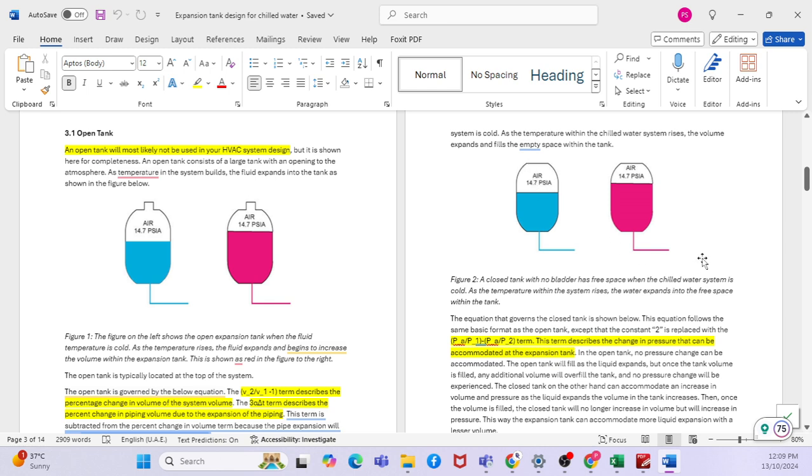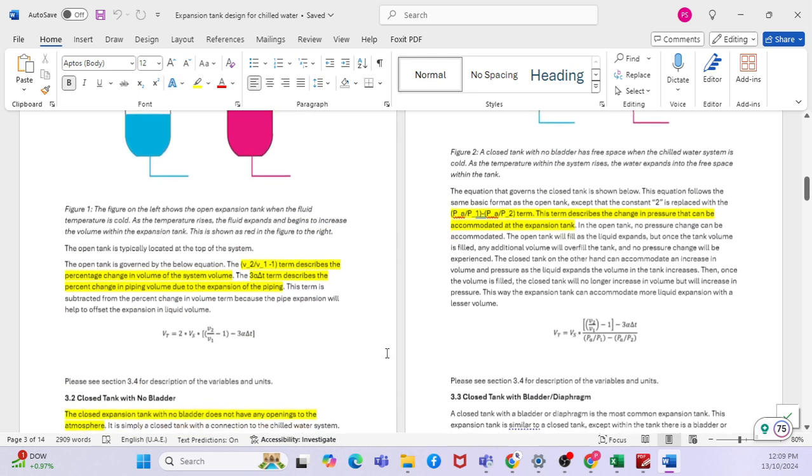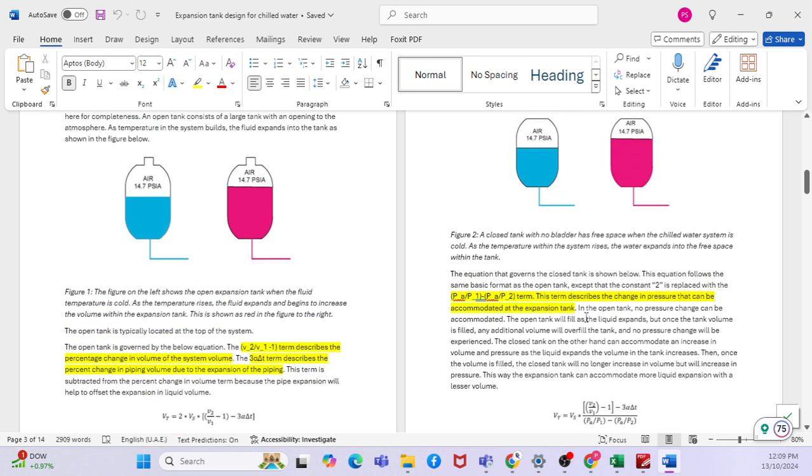Whenever the pressure in the system increases or decreases, the water will expand or contract within the system. But here there is a chance of the water being in direct contact with the metal, so there is a chance of corrosion. Also, when you do the calculation, your system capacity will be higher than with the diaphragm type.